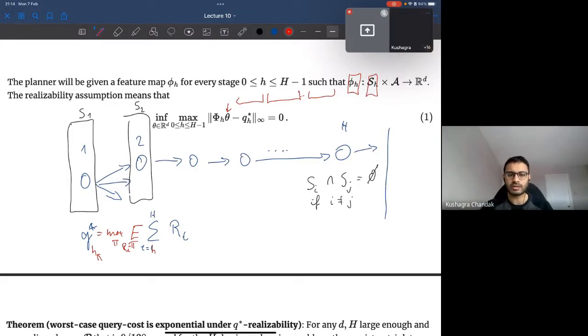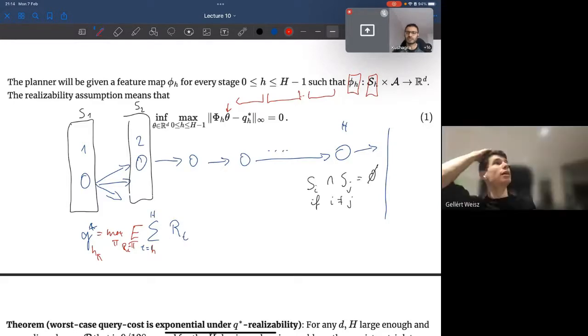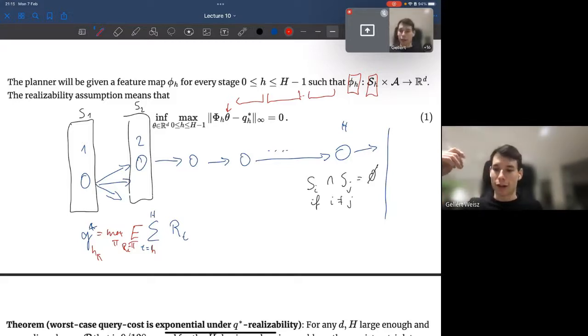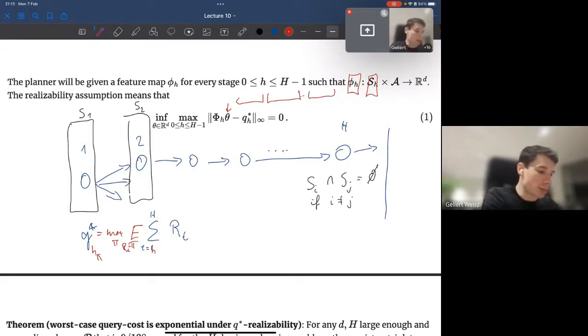I have a question about the S_i intersection S_j assumption. Why exactly are we assuming it, or what's the implication of this assumption? It's mainly for convenience. You can later say that the state uniquely maps to the stage that it's in, and it avoids confusion later. But it doesn't really matter, because if you had an MDP in which you can re-enter a state, you'd be able to duplicate all the states and give them individual stages, and then you would satisfy this.